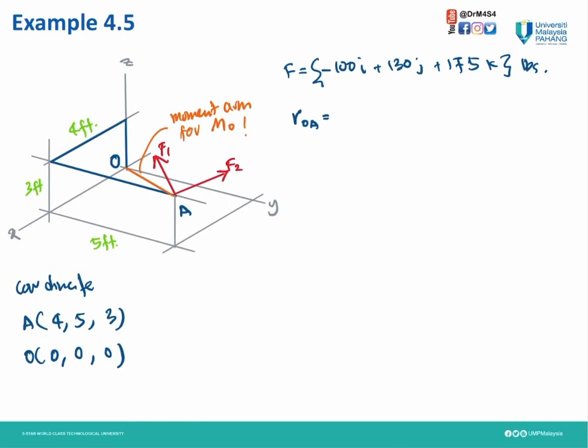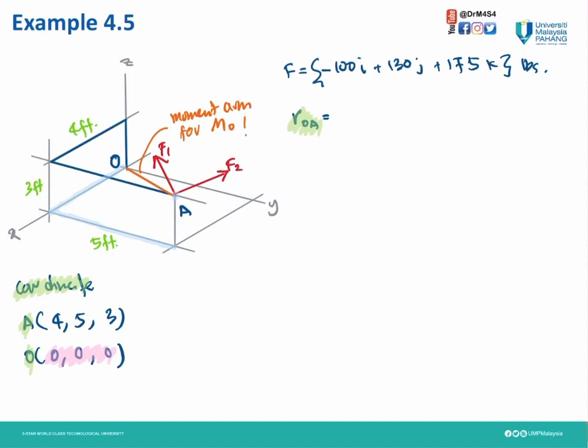Next, we need to identify our position vector ROA. To do that, we need to determine the coordinates for points A and O. In this case, we're going to take point O as the origin, which is 0, 0, 0. Then we need to identify the coordinate for A. For A, 4 on X, positive. Then on Y is 5 feet.